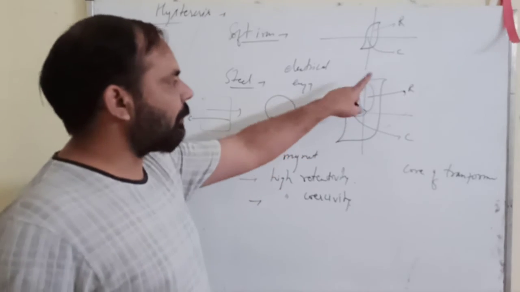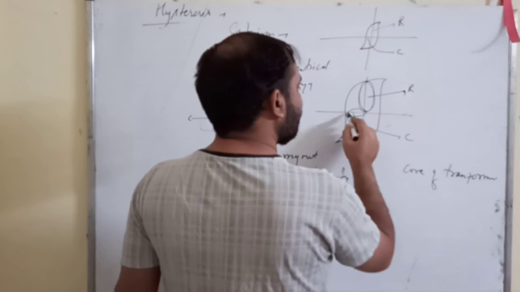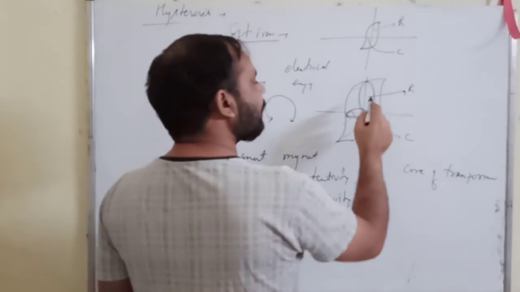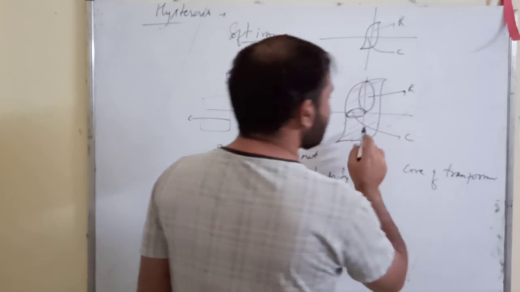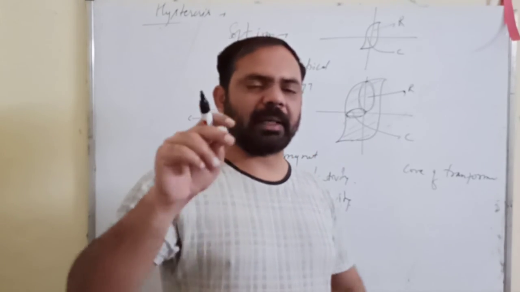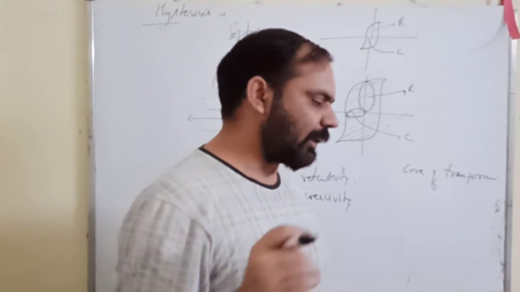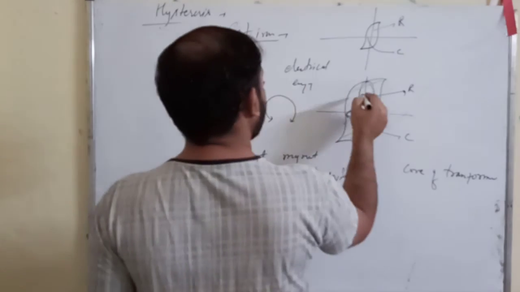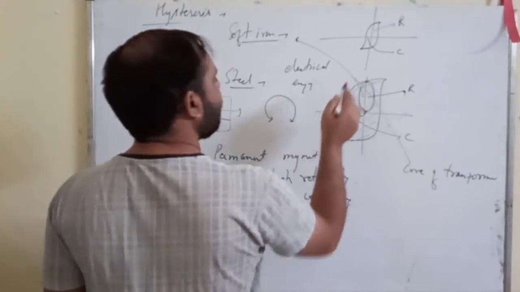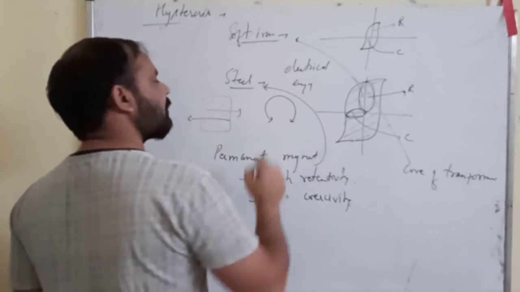So we must select a material for which this length is small, this length is small, as well as the area is small. The major thing we need is that this area should be small, so that the wastage of energy per unit cycle of magnetization and demagnetization is small. That is why we use soft iron for making the core of a transformer, and for making permanent magnets we use steel.